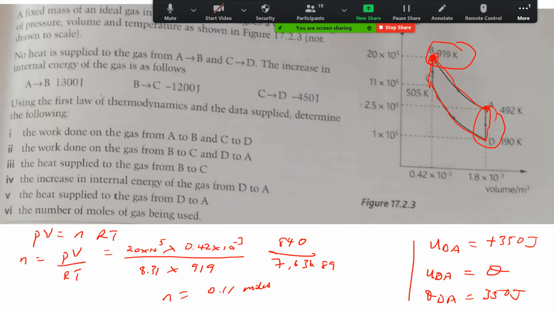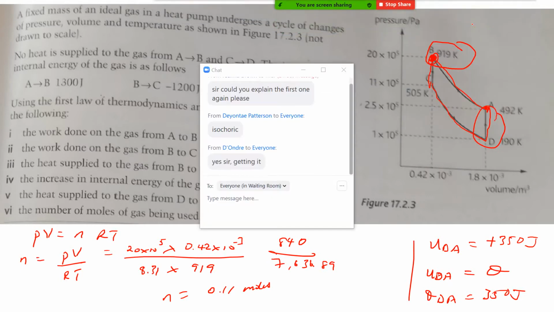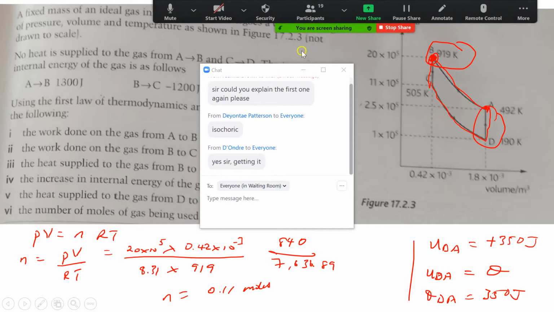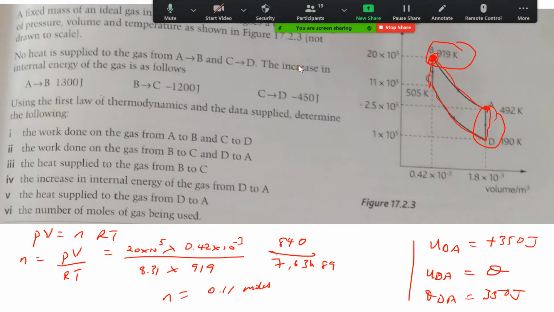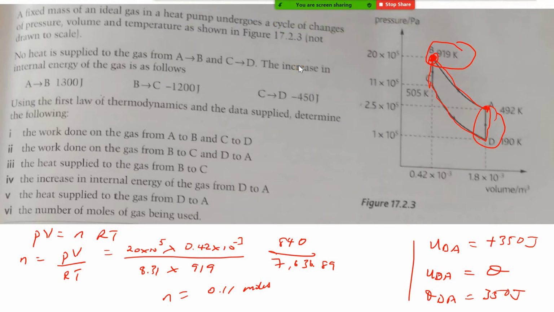Okay, sure. Yeah, this is what the chat is saying here. All right, good. Any other questions? So remember that the mole is not going to change regardless of the fact that the pressure is changing or the temperature is changing.